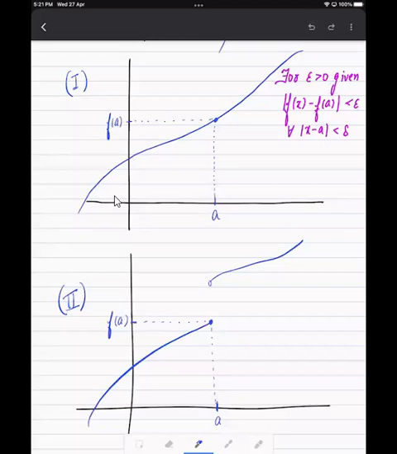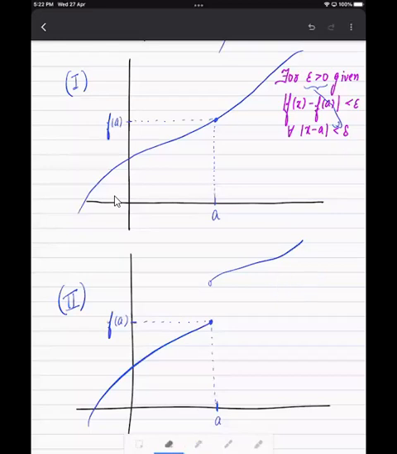The definition says whatever epsilon you give me, I can choose a delta for that. That's continuity. If there exists even one epsilon for which you cannot give me a delta, the function is not continuous at that point. And I'll show you that epsilon over here because this is not continuous.